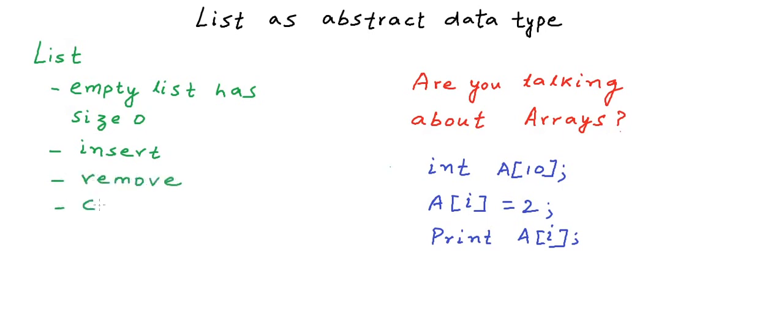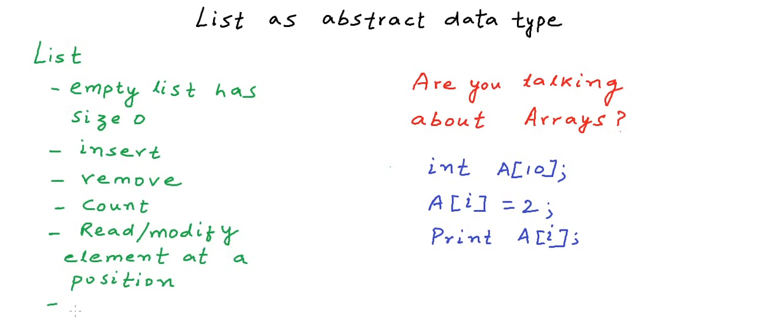I can count the number of elements in the list, and I should be able to read or modify an element at a particular position in the list. And I should also be able to specify the data type for the list. While creating the list, I should be able to say whether this is a list of integers or a list of strings or floats or whatever.